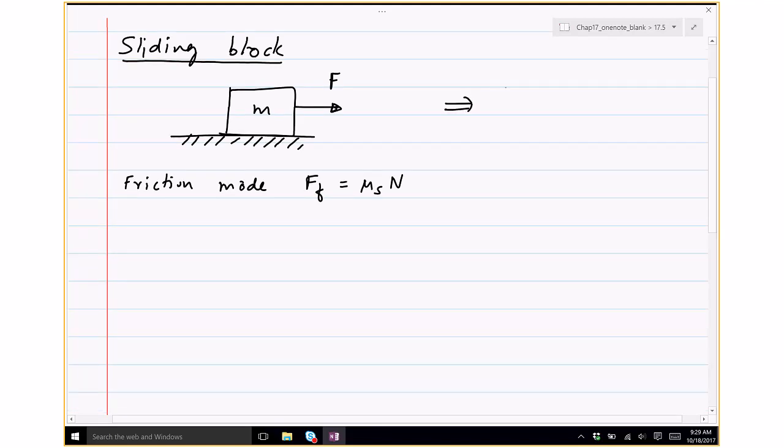What I mean by normal force is, if I draw the free body diagram, this is F, this is mg, and this is N. The friction force is going to be in the direction opposite to the impending motion. So in this case, the application of F makes it move to the right.